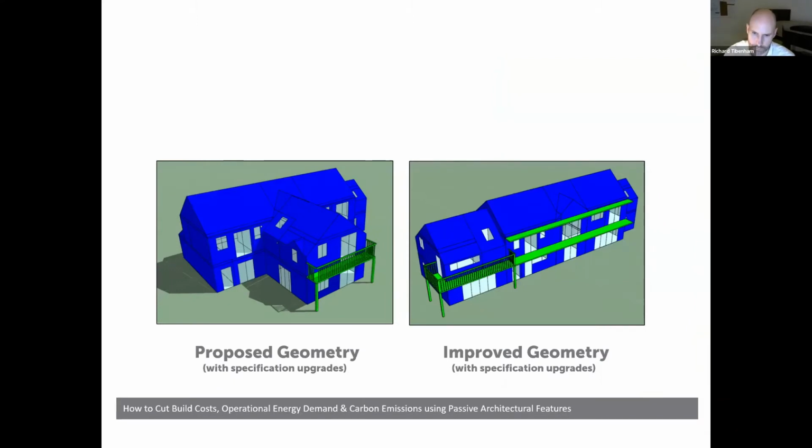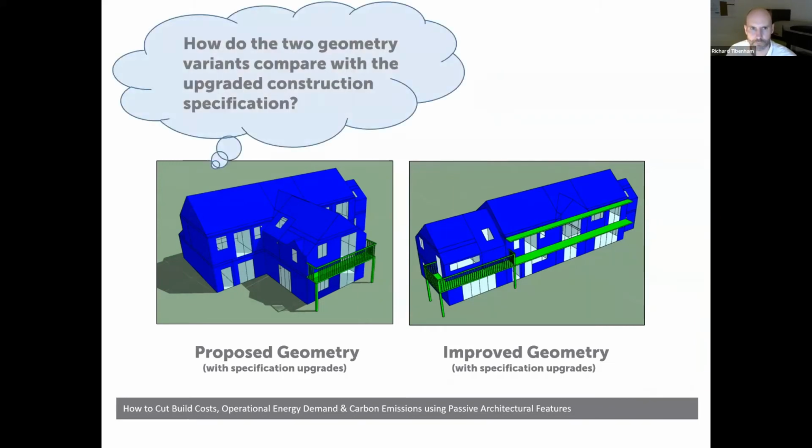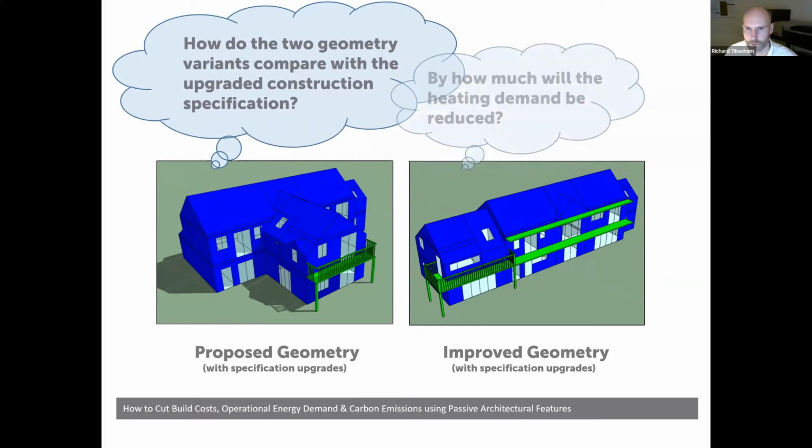So we now have 2 geometry options, both with this improved specification. And I'd like to know how these 2 geometry variants compare now that the construction has been upgraded. So the question is, by how much will the heating demand be reduced?